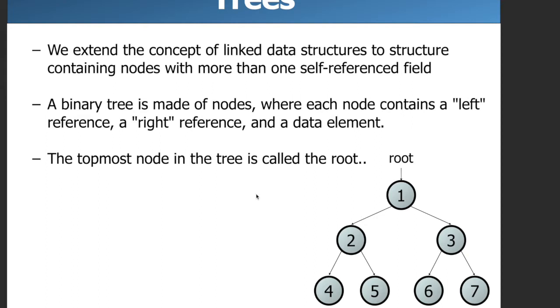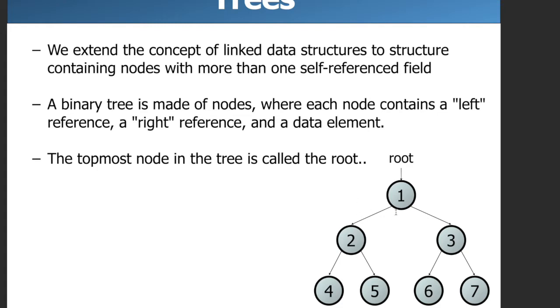The topmost node in the tree is called the root, and we can see a root here. It's number 1. And here you can see the entire tree. So why is it a binary tree? It's very important to understand.